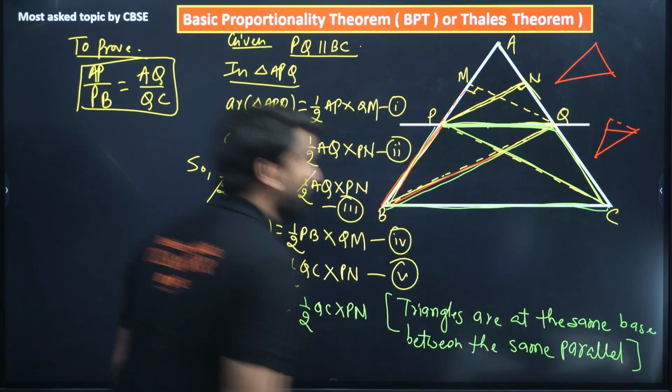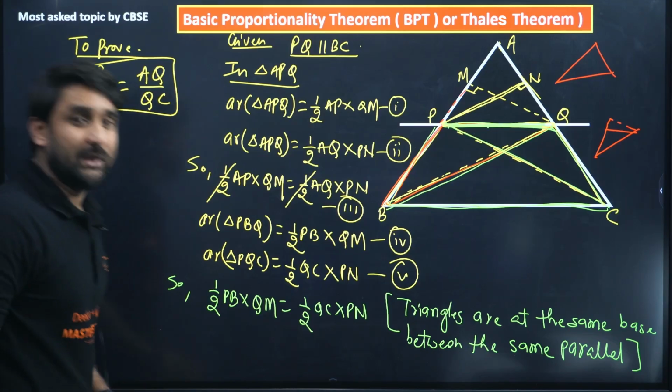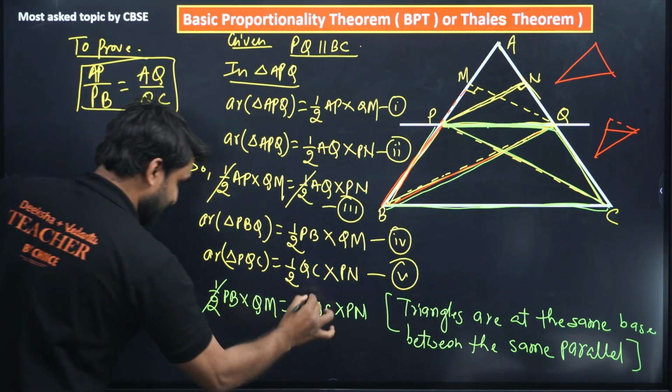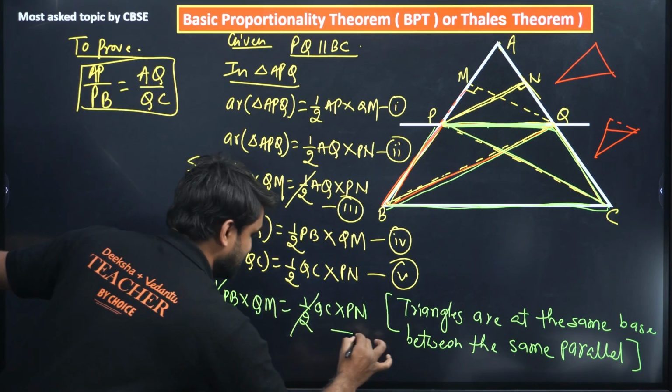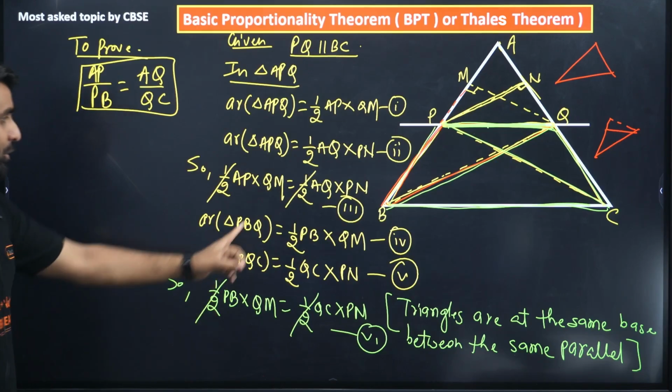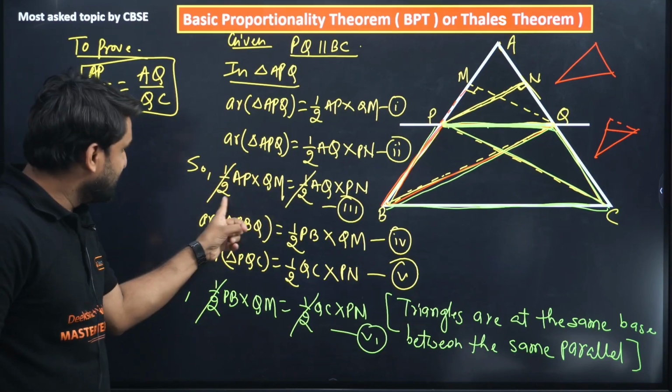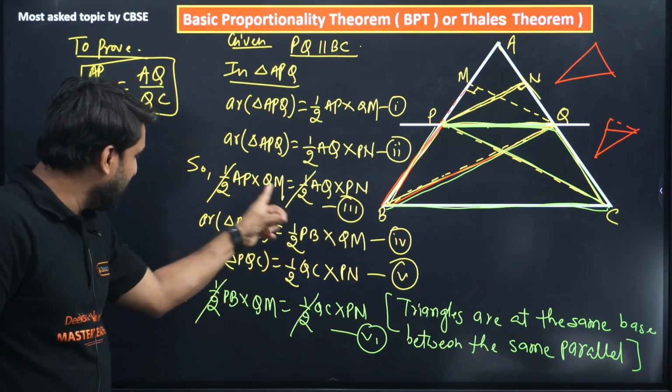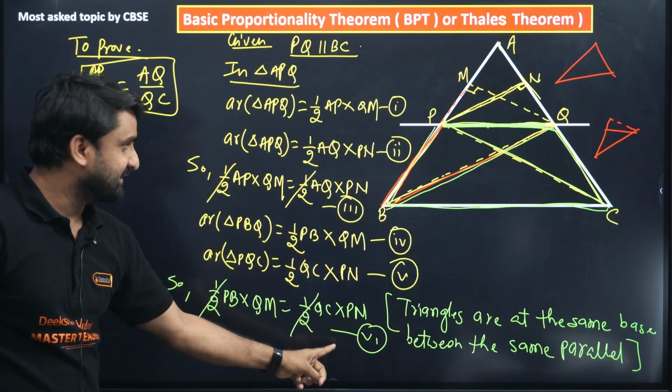Okay, so both the triangles will be equal, having equal area. So this half will be cancelled with this half, and I'm calling this as sixth. Now look, this is your third condition, AP into QM, and this is your sixth condition.